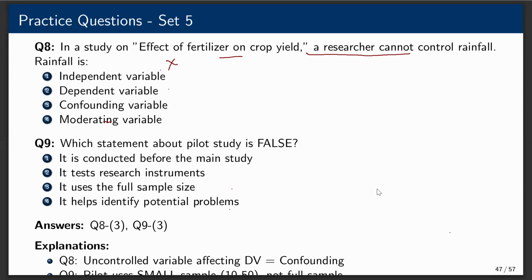Then question number 9, which statement about pilot study is false? It is conducted before the main study, it tests research instrument, it uses the full sample size, it helps to identify potential problems. Third, it uses the full sample size. So sometimes you will not read the word false and you will answer something else.